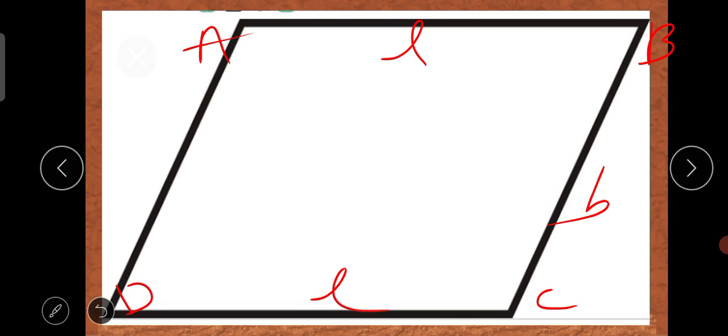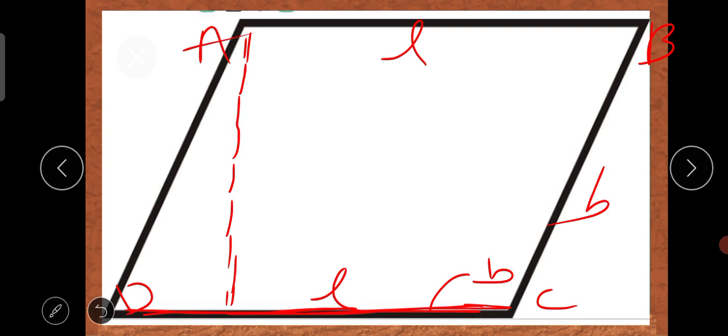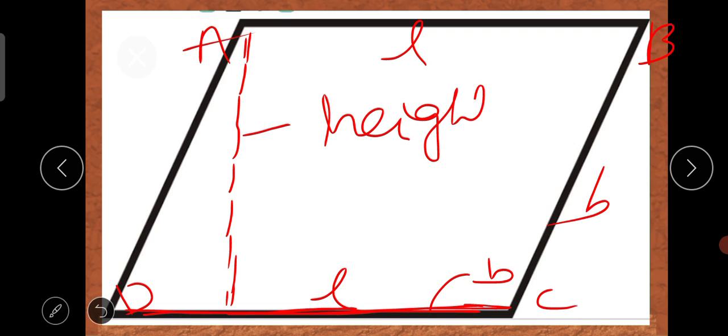Now when you draw the parallelogram, suppose you have drawn a line here. This is a perpendicular line on the base. So this one is the base, which forms a 90 degree angle. This base and this altitude, which is known as the height.